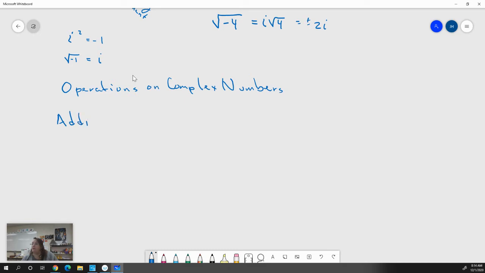So when we're adding complex numbers, well, I have problems written down, but I'm too far away from them to see them, and then I get too close to see them.